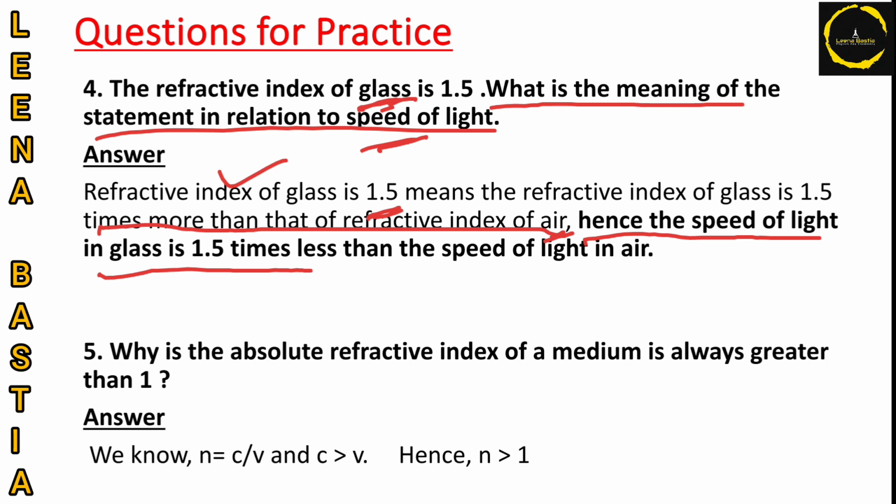So hence the speed of light, just the reverse, will be 1.5 times less than the speed in air.